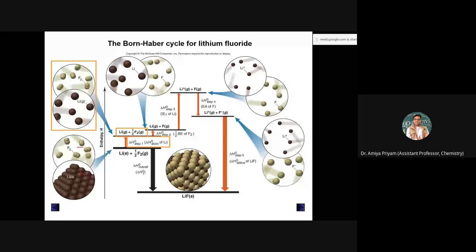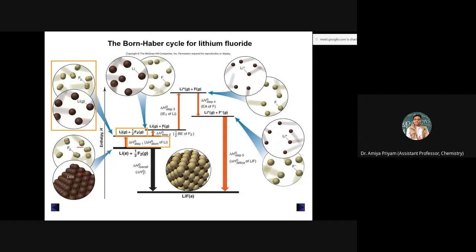The next one is that you are dissociating the fluorine. So making a gaseous atom of lithium, making a gaseous atom of fluorine, and then ionization energy, which is defined in gaseous state of the metal or of anything, the gaseous atom you have to take. So you account for that.